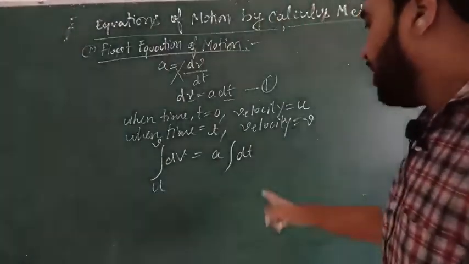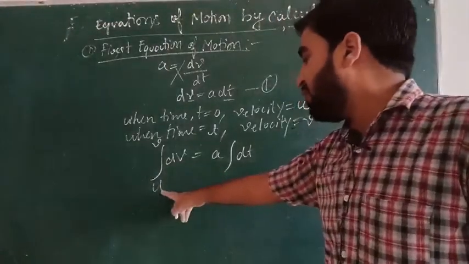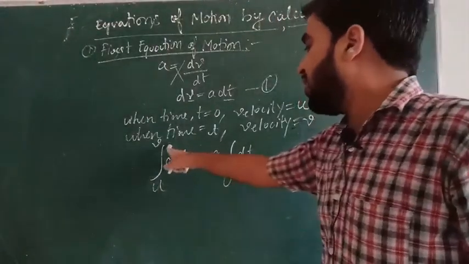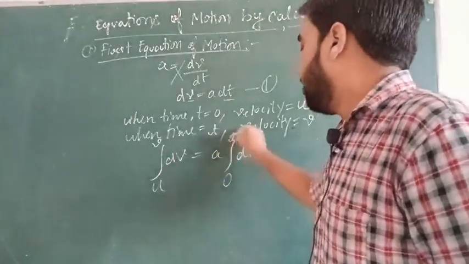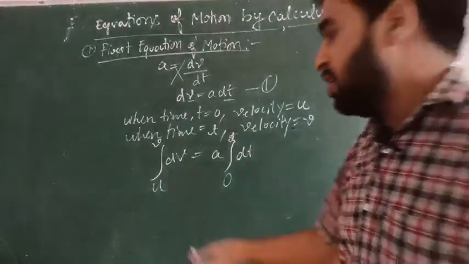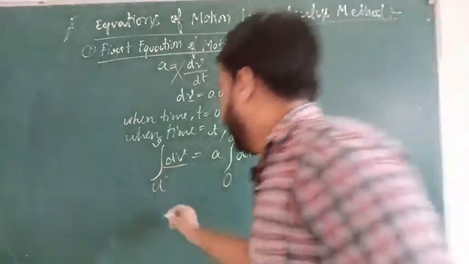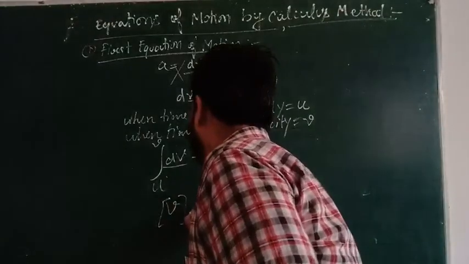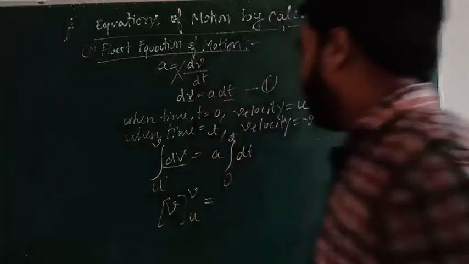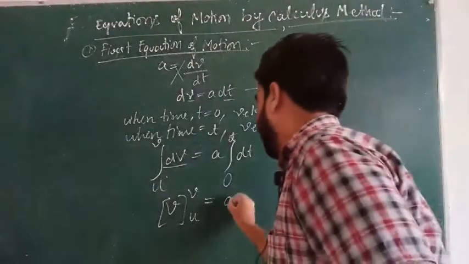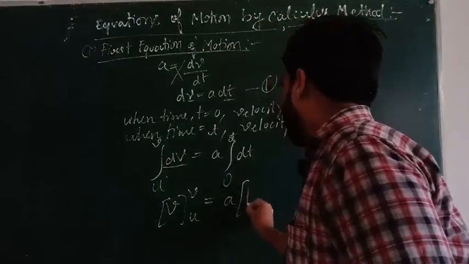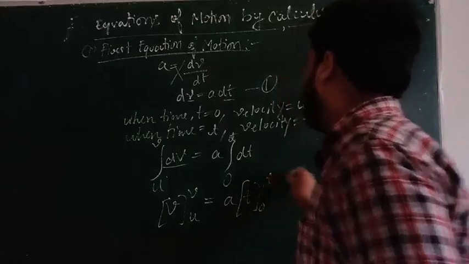And time is 0 when the velocity was u, and t when the velocity is v. Now do integration. Integration of dv will be v. So v, upper limit and lower limit will be written in this way, is equal to a. Again upper limit and lower limit will be written on the top.